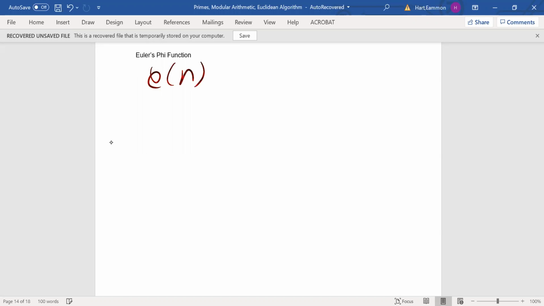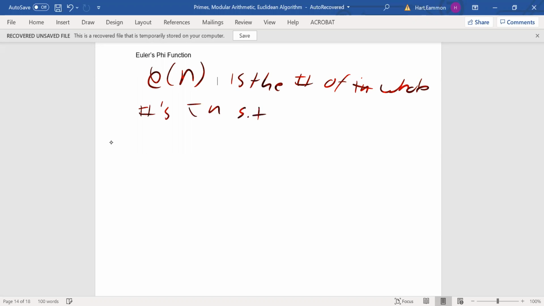So phi of n is the number of integers, of whole numbers, x less than n, such that x is relatively prime with n.